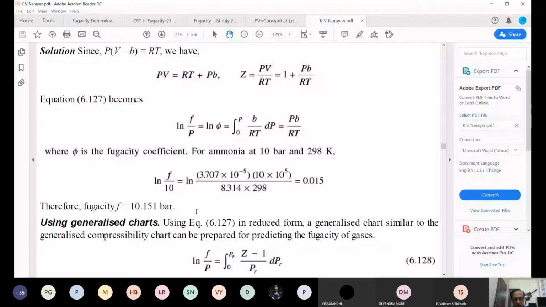So the fugacity of ammonia at 10 bar is not exactly 10 bar but 10.151. That is accounting for the non-idealities, or interaction between the molecules. So this is essentially the effective pressure for ammonia under those conditions. Did you understand? It is a simple application, nothing complex.